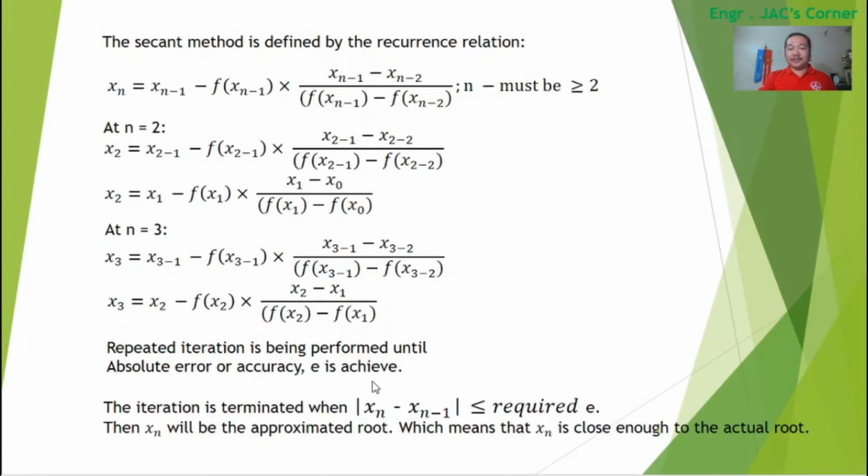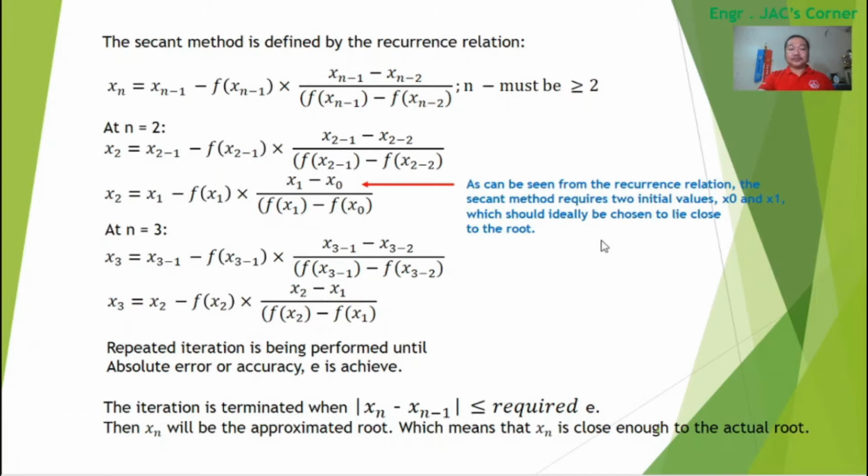The iteration is terminated when the absolute value of the difference x sub n minus x sub n minus 1 is less than or equal to the required E. This x sub n is the new value minus the previous value. Then x sub n will be the approximated root, which means that x sub n is close enough to the actual root. So, as can be seen from the recurrence relation, the secant method requires two initial values, x sub 0 and x sub 1, which should ideally be chosen to lie close to the root.